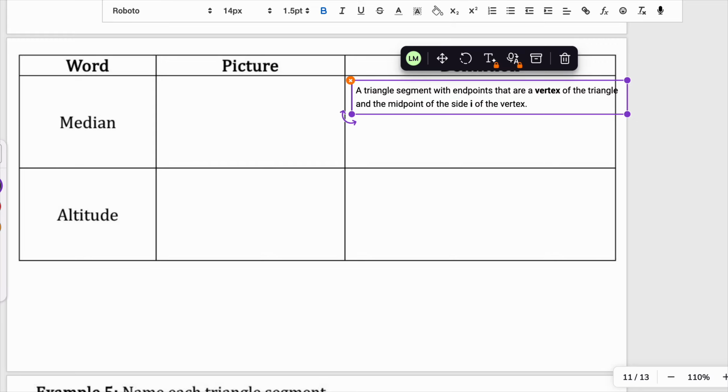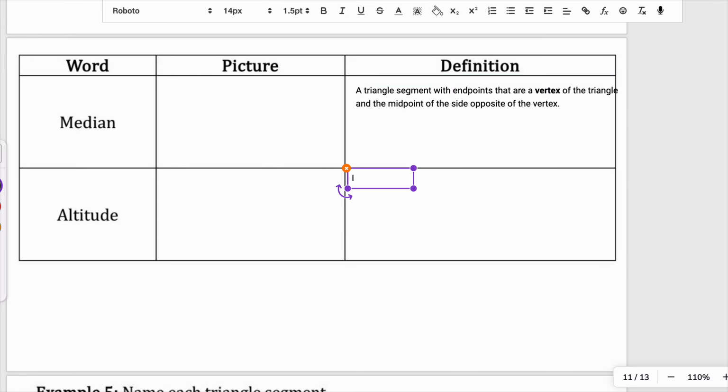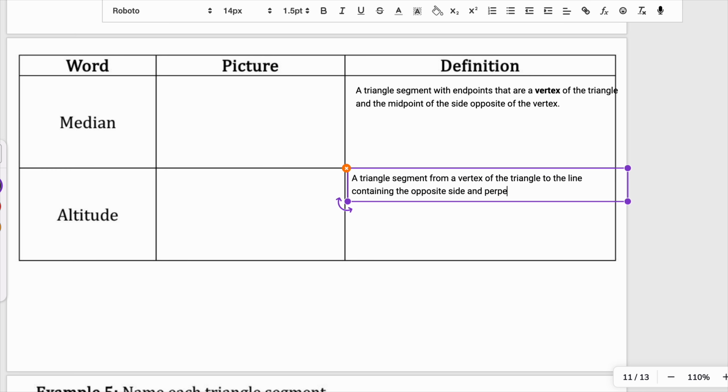Okay. So keeping that in mind, altitude is a triangle segment from a vertex of the triangle to the line containing the opposite side and perpendicular to that side.